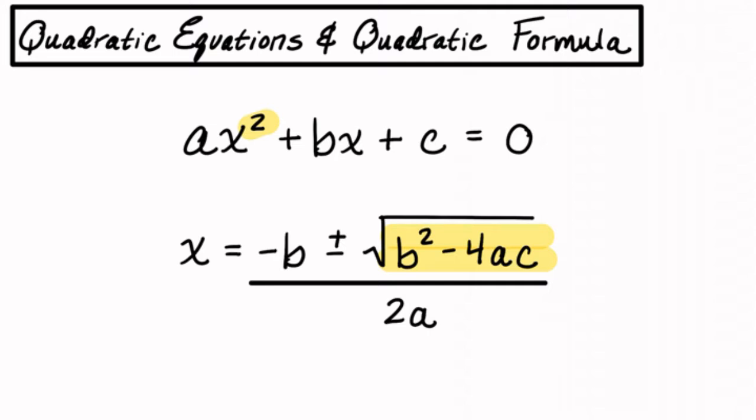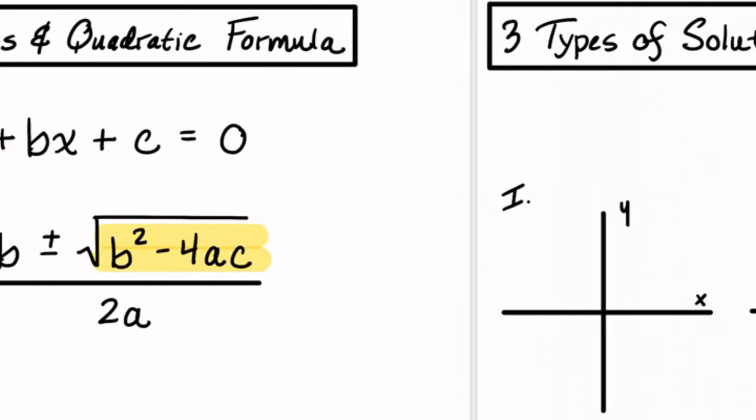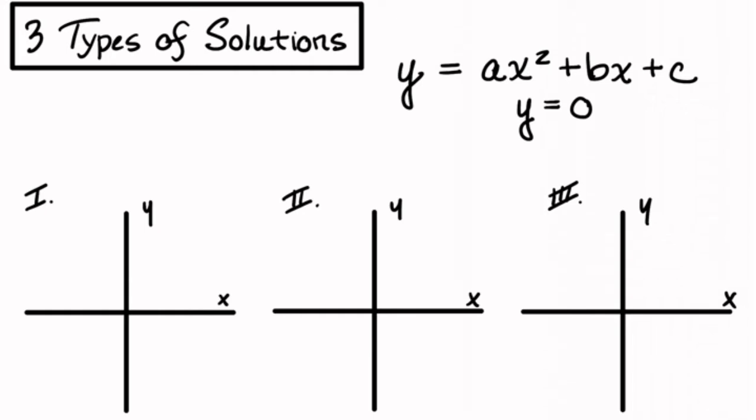If we have a teacher who's not using complex numbers and such, then we can already determine before doing the full quadratic formula that we're not going to have any solutions, and that can save us a bit of effort. Also, we might have a teacher who's just testing on the discriminant, so it's good to know what it can tell us. All right, so let's talk about the three types of solutions to a quadratic equation.